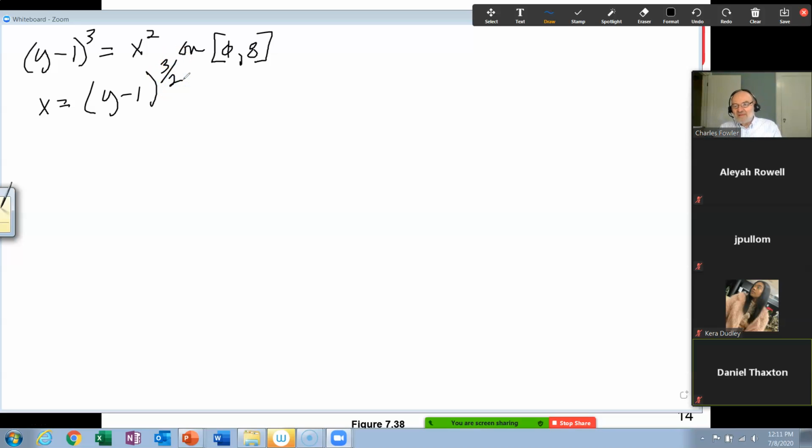Now that's at least a fairly reasonable looking situation, but what we've got to do is figure out what the limits are for y now. So what are the limits for y?